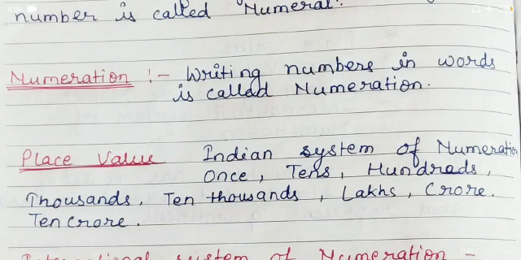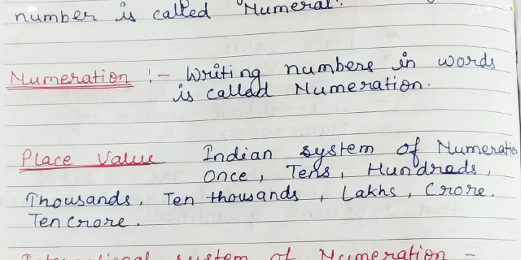To understand place value, it is very important for us to know two systems of numeration: the Indian system of numeration and the international system of numeration.